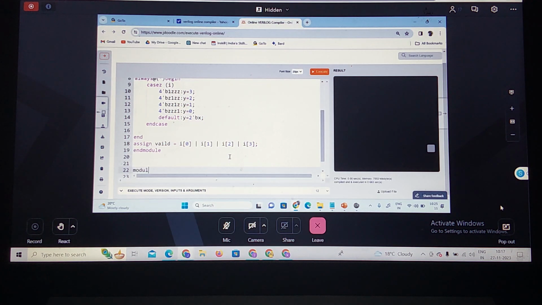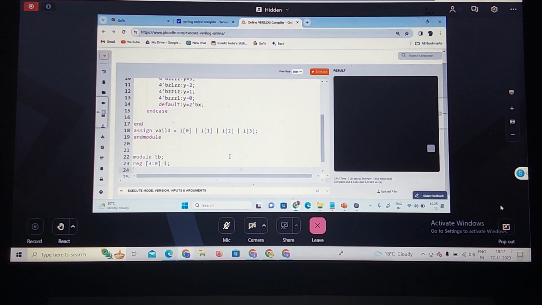So what is the test bench to this? Module TB, correct? Then reg 3 down to 0 of I. Then wire 1 down to 0 of Y. Next wire valid.